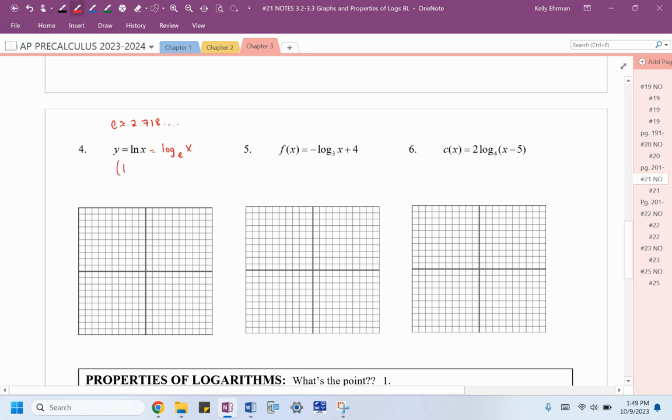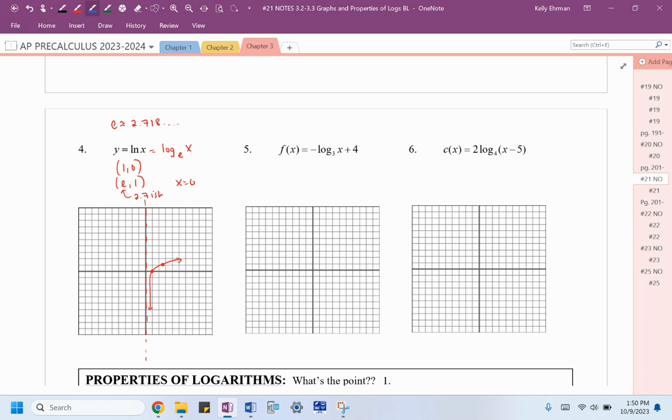So we've got the point (1, 0) and (e, 1), and again, we're going to think of that as like 2.7-ish. And we still have x equals 0 as a vertical asymptote. So the natural log of x graph goes through (1, 0) and (2.71, 1). I'm just going to put a point between 2 and 3. Call that good enough. And sketch something like that.